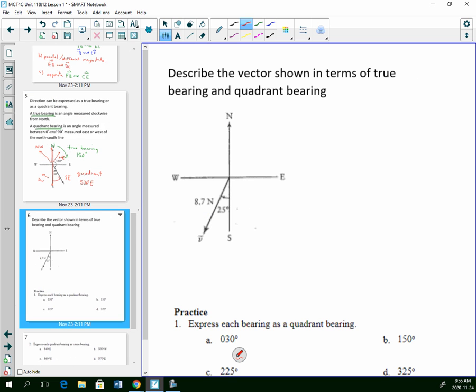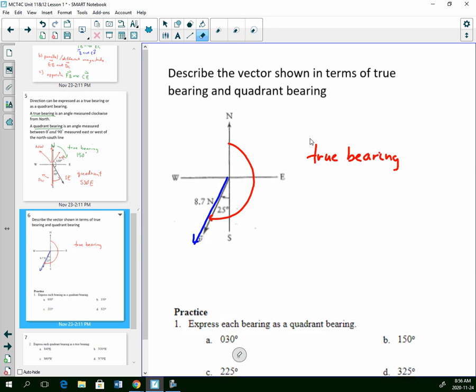Okay, so this one here, describe the vector shown in terms of true bearing and quadrant bearing. So true bearing, it's going to start at north and it's going to come all the way around to the terminal arm or the vector. Okay, so this is the vector here. So if you think of 90, 180, so from north to south, it's 180 degrees, and then an additional 25.